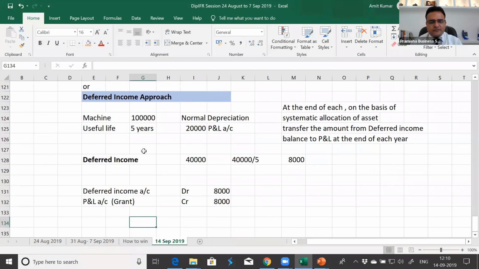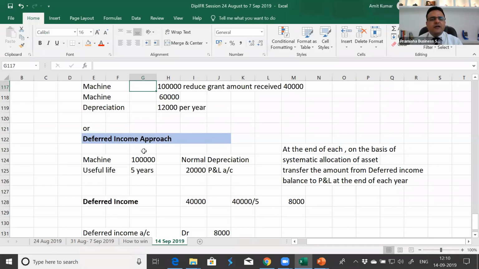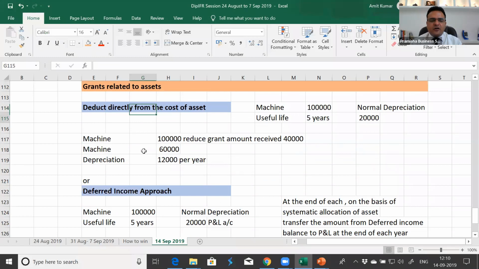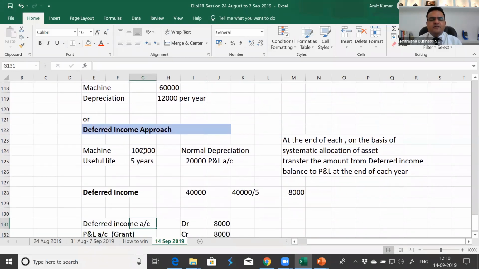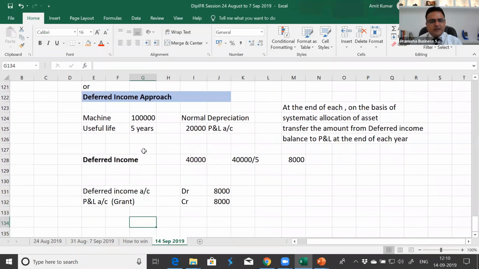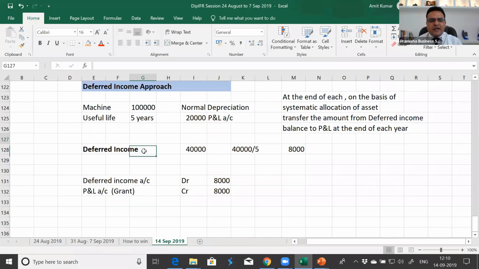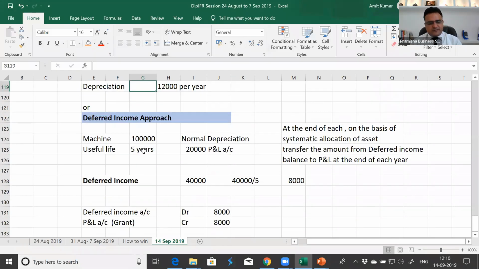Any questions? So grants related to income, two choices: directly reduce the value of the expense, or show other income. Grants related to assets, two choices: reduce the value of the asset, or create a deferred income balance and use the deferred income approach. Any doubts, any questions on this?